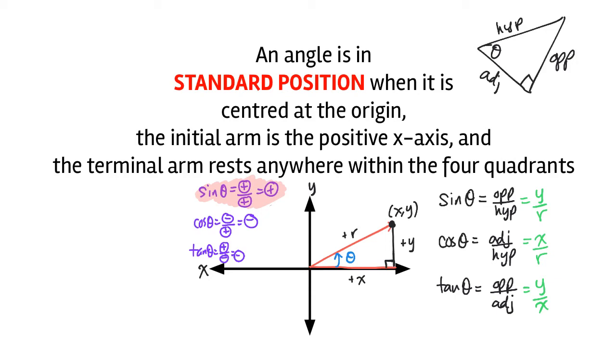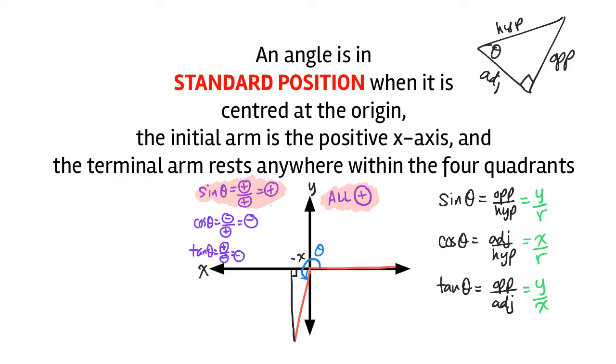So whenever you evaluate any of these, y over r, x over r, or y over x, they're all going to be positive in this quadrant. When I'm over in quadrant 3, then we know in this area, this is the negative side for x. It's also the negative side for y on our Cartesian plane. And again, r is always positive. That's a positive value there.